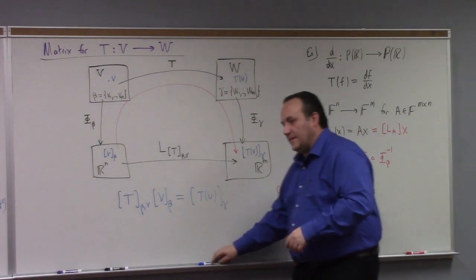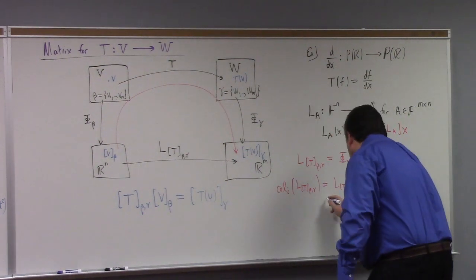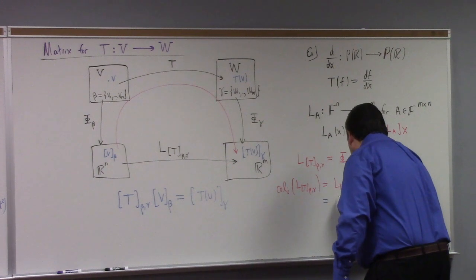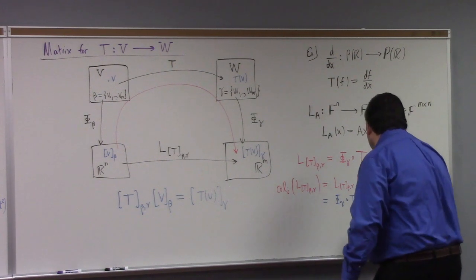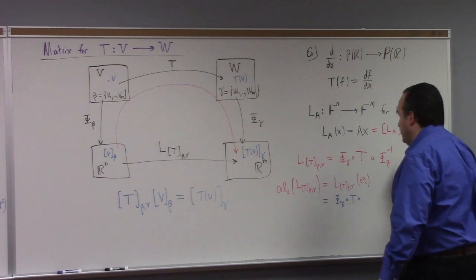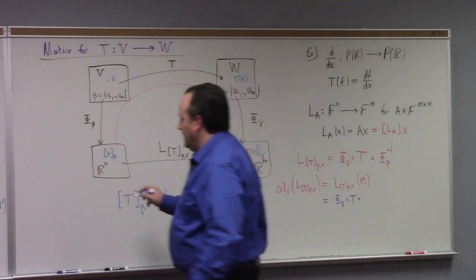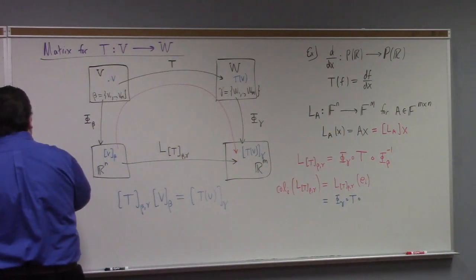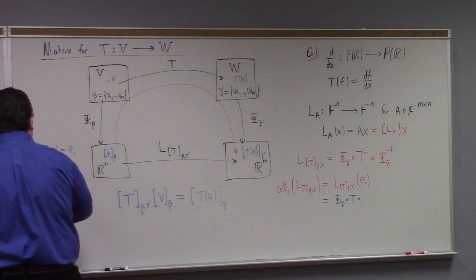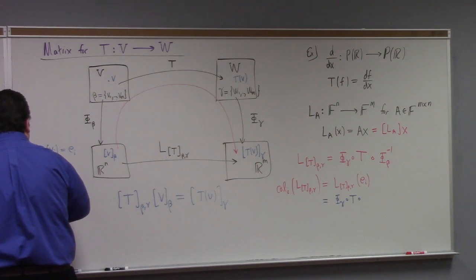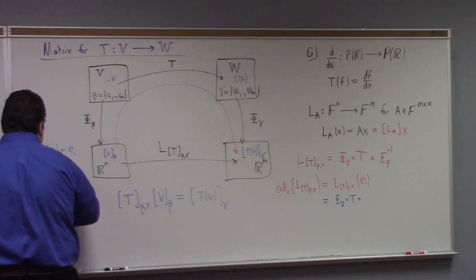So let's sort through what that looks like here. What we're looking at is phi gamma composed with T composed with what? Phi beta inverse. Now I need to talk about some things here. The coordinate map phi beta of v i is equal to e i. Conversely, the inverse coordinate map goes the other way.